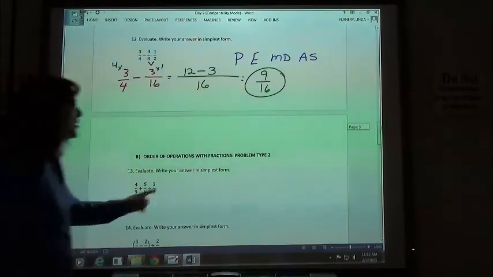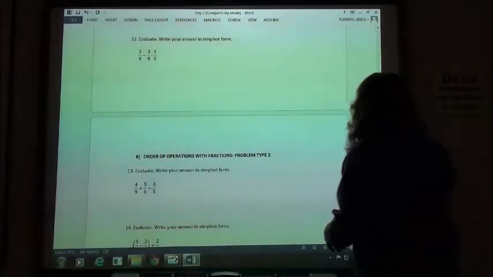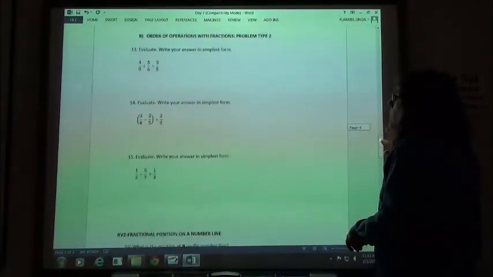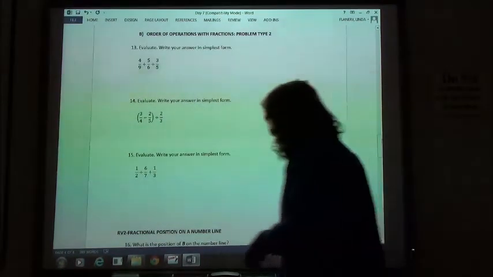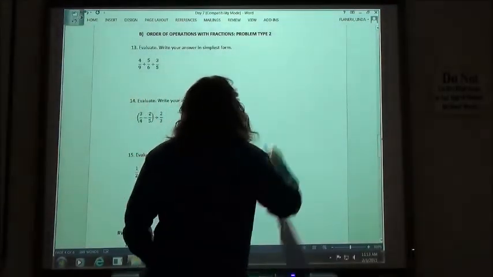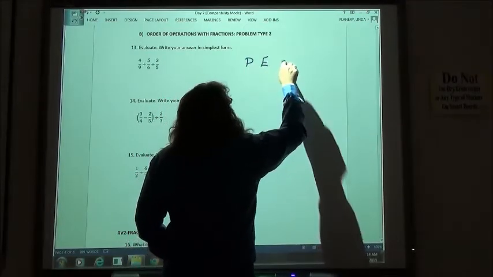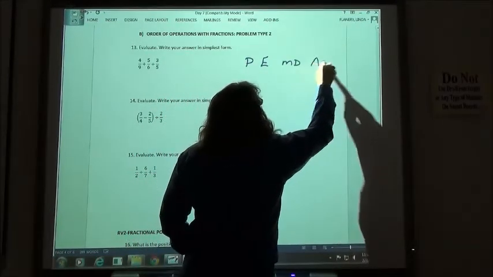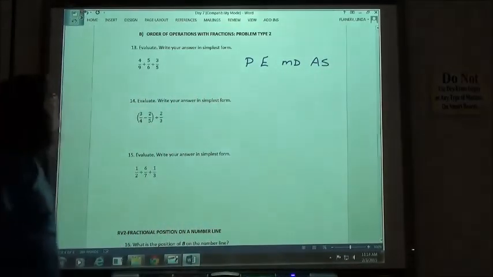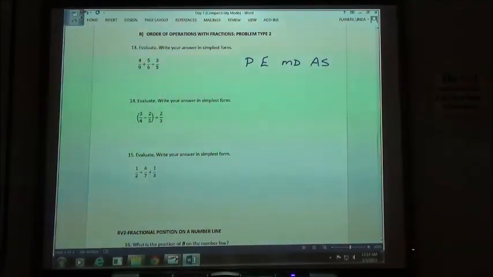And then we get to the next ones where we're still doing our order of operations with fractions. Only maybe they make them a little bit trickier. So, parentheses, exponents, multiplying and dividing, adding and subtracting from left to right. Again, we have no parentheses or exponents. We're going to do the multiplying and dividing.